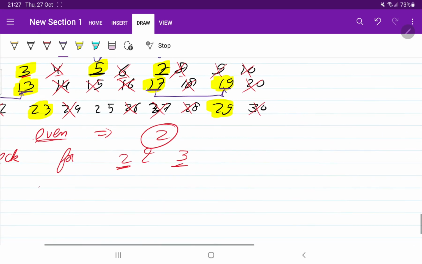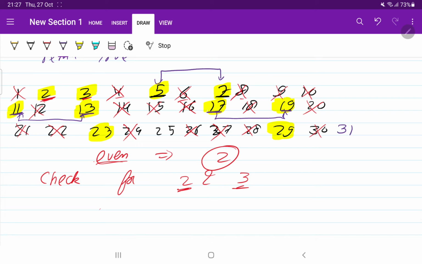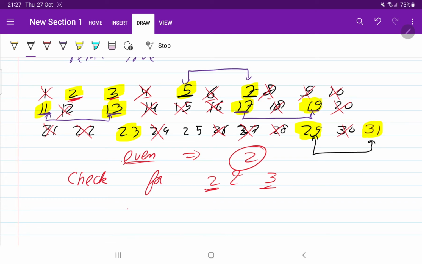And if we write 31 here, 31 is also a prime number. They are going to be in pairs. This pattern got broken here, 23 and 25; 25 is not a prime number. So the second observation is that prime numbers are going to be i and i plus 2.